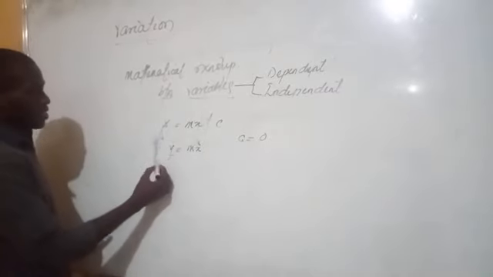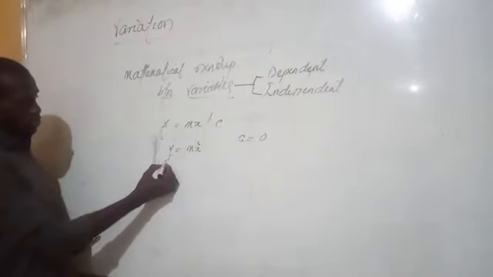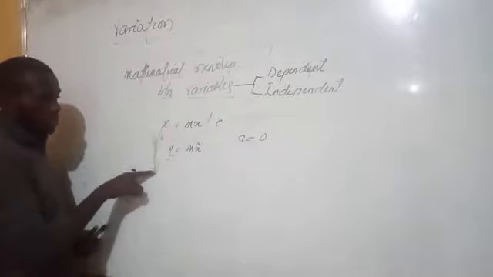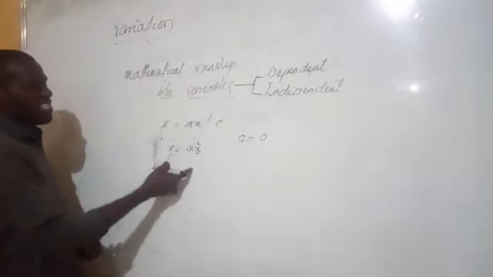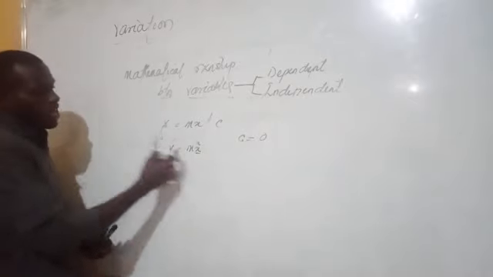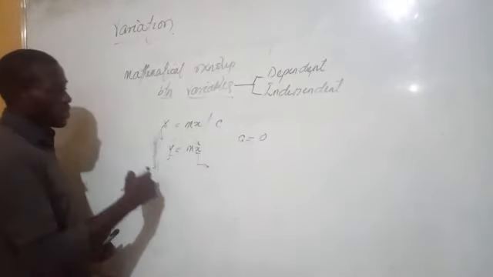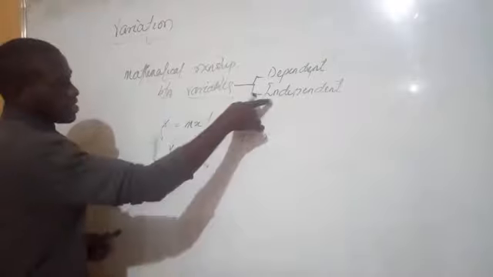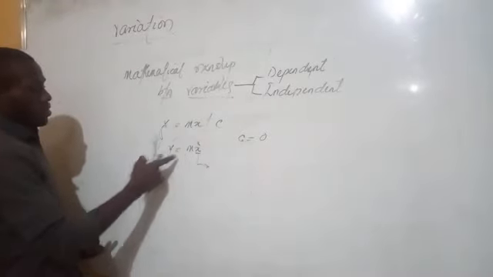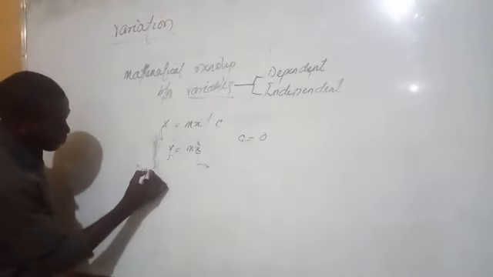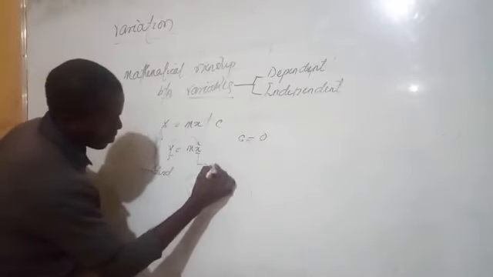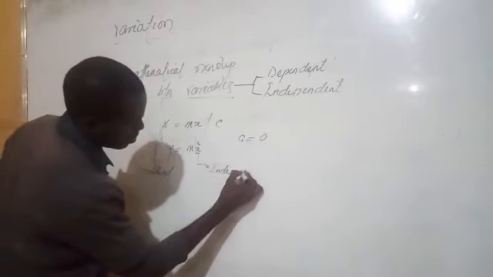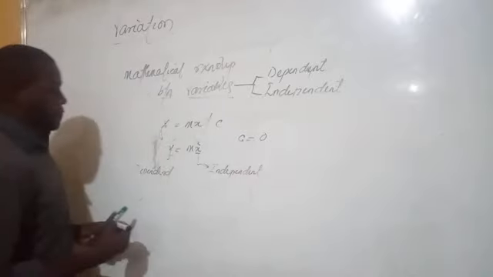So we can conclude that the y variable is called the dependent variable because it depends on x, and the x variable is independent of y, so it's going to be called the independent variable.